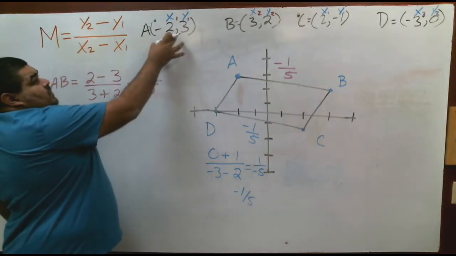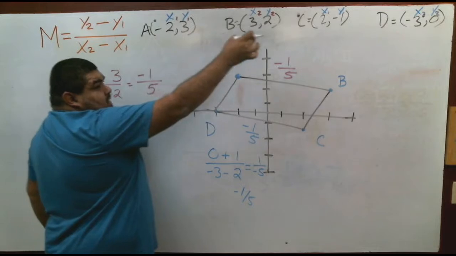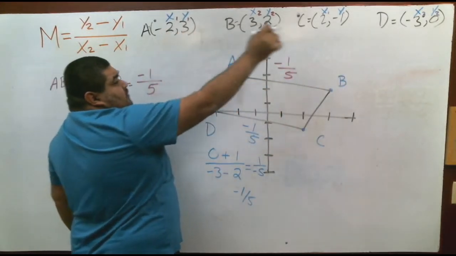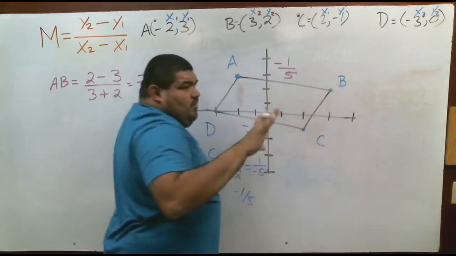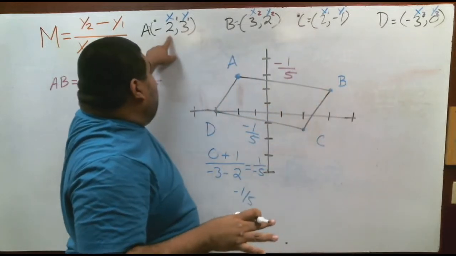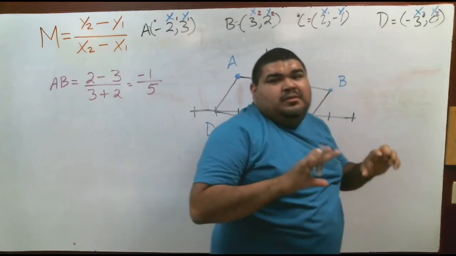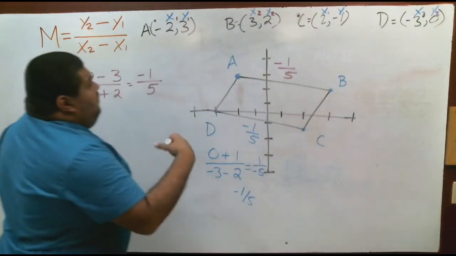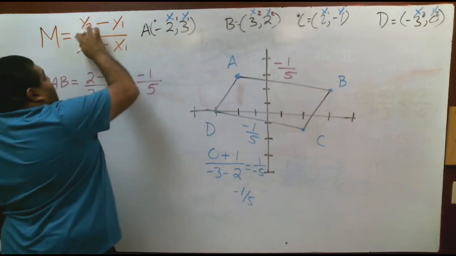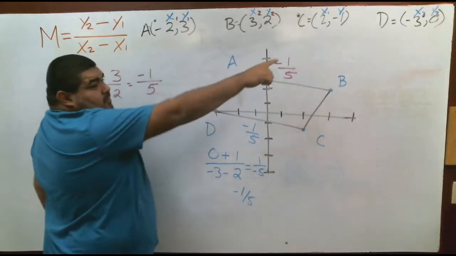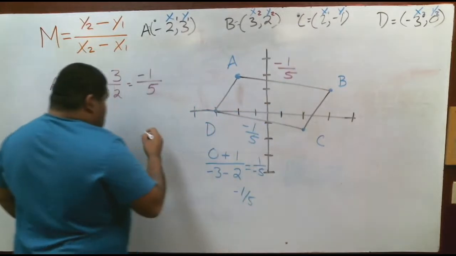Again, A and D. Notice that I already have ones here and twos for D. I'm not going to worry about that because it's already in there. X1, Y1, X2, Y2. Okay? We're done for that part. So we have Y2, which in this case is 0. Because remember, the D is 0. I'm going to do it over here.